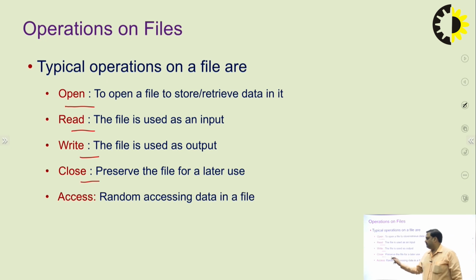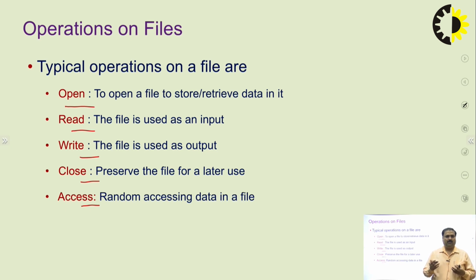Closing a file: the file which we have opened needs to be closed when the work is done, because when we open the file a lock is taken on the file for our operation, and when the operation is completed, that lock has to be released with the help of close. Access operation refers to the random access of data in the file.